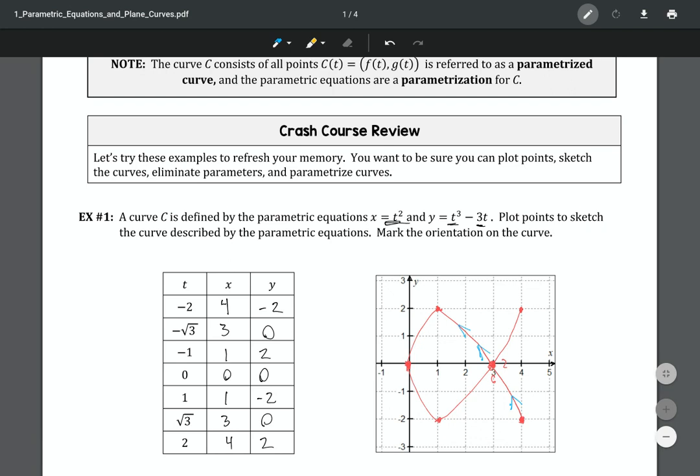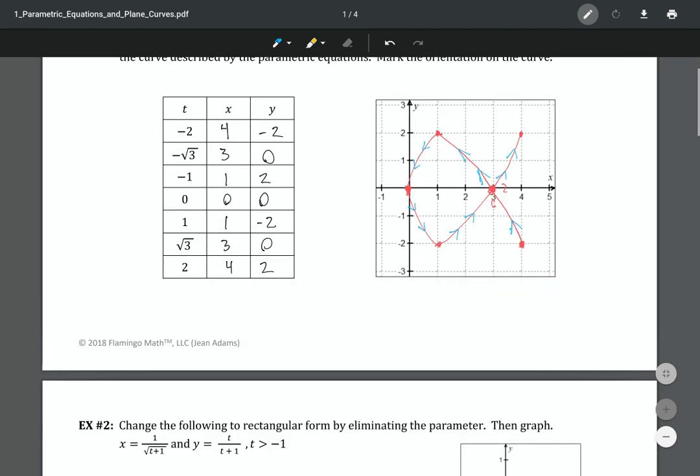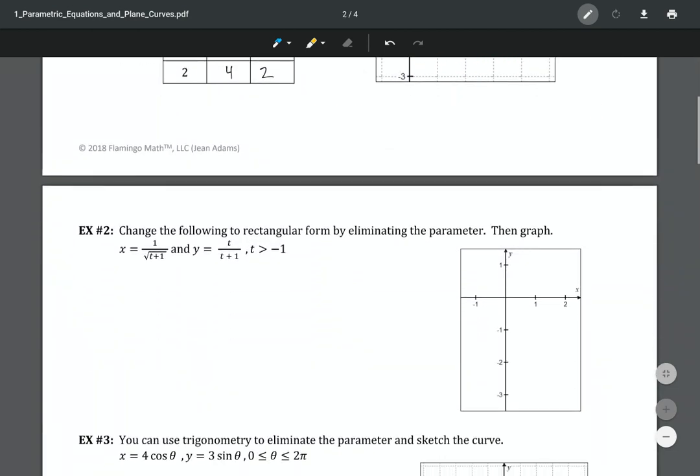So we started from here, we went that way, we went that way. And this is not really an option, guys. When we graph a parametric equation, you have to show me the direction of where it was going. You have to show me where you started and what direction this parametric equation took.